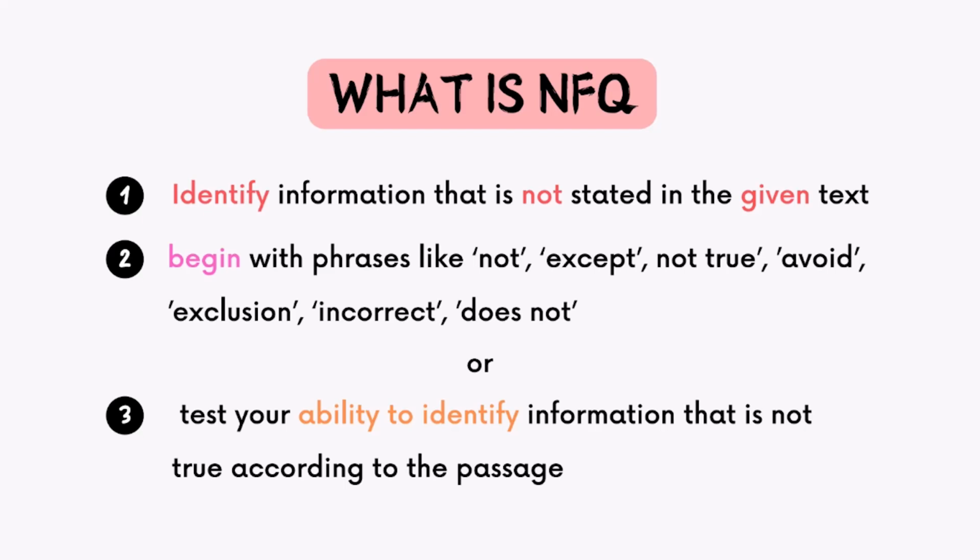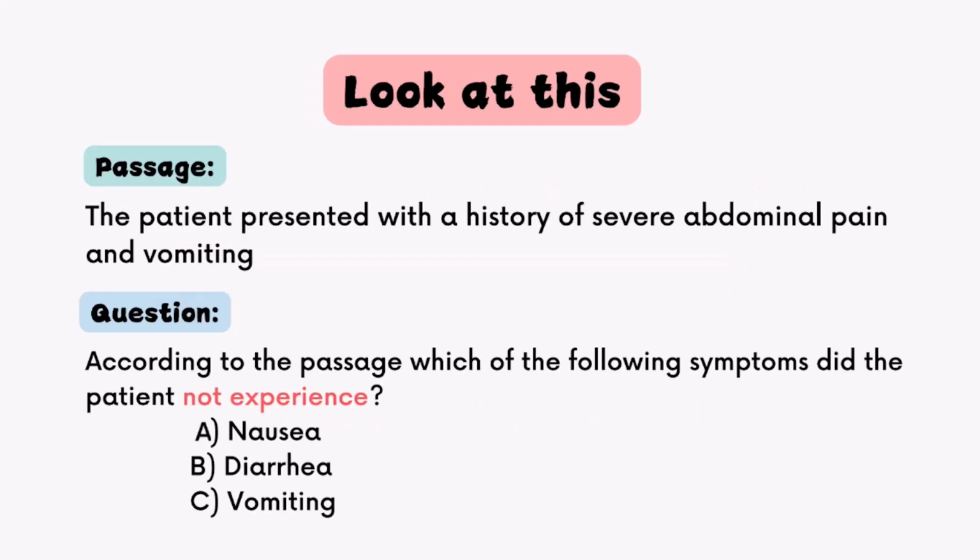The negative factual question tests your ability to identify information that is not true according to the passage. Okay, it is negative in the sense that it's not true or not given in the text that you need to choose.